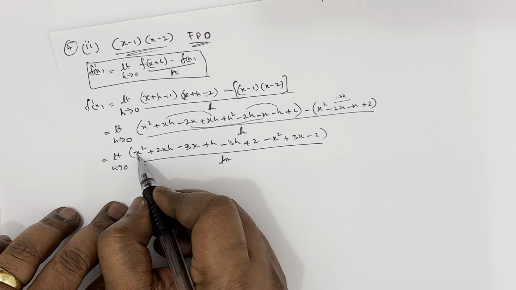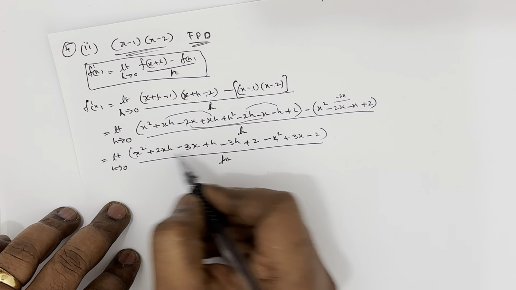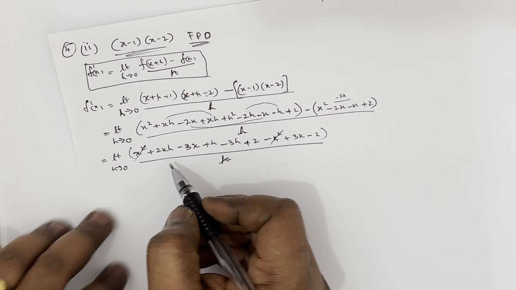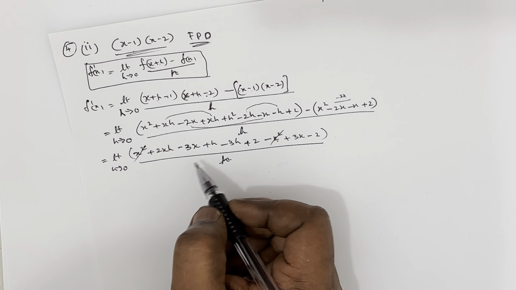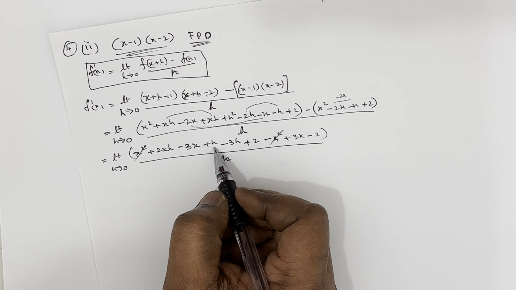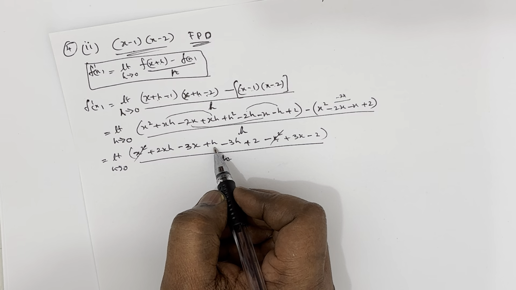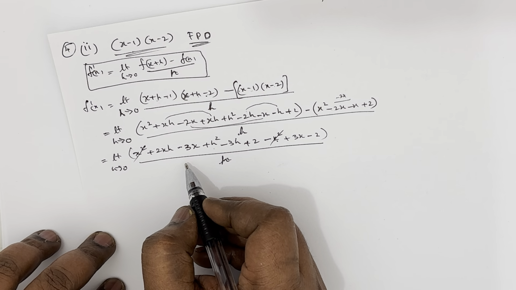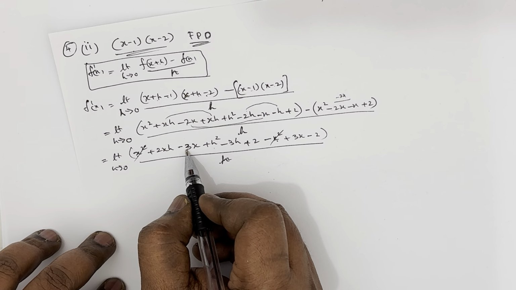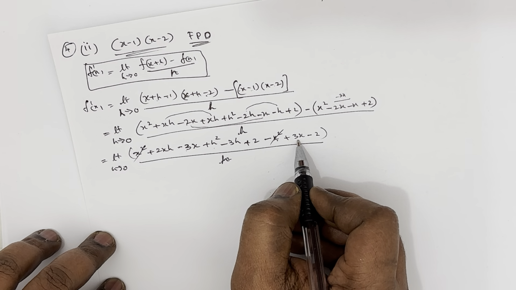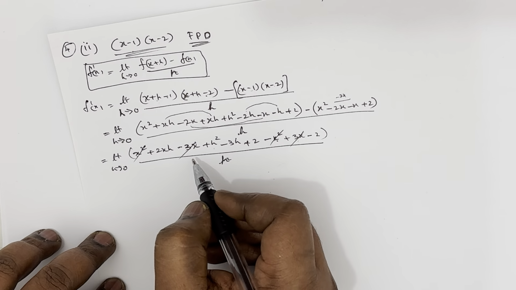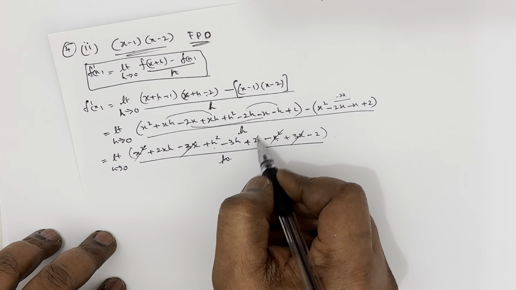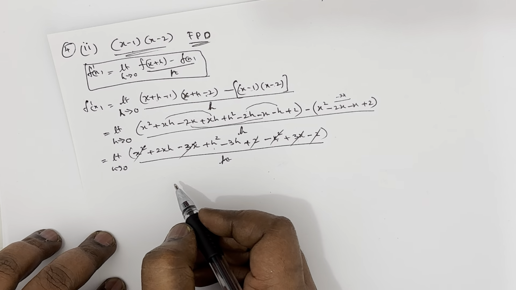Now if you see, this positive x square and this negative x square will be cancelled. Minus 3x and positive 3x will be gone, and positive 2 and negative 2 will be gone.